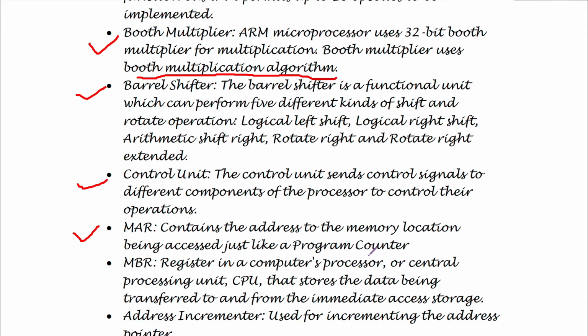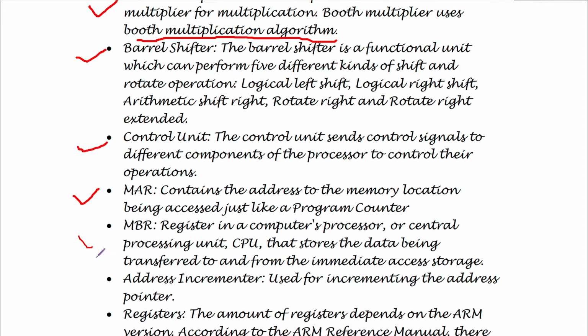But it is not a program counter, but whichever memory location is being accessed, that is stored in MAR. Then MBR, that is the memory buffer register. It is a register in a computer's processor or central processing unit, that is the CPU, that stores the data being transferred to and from the immediate access storage.